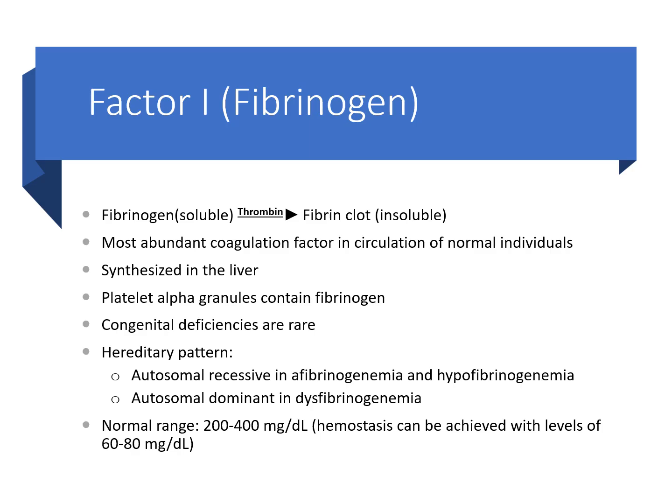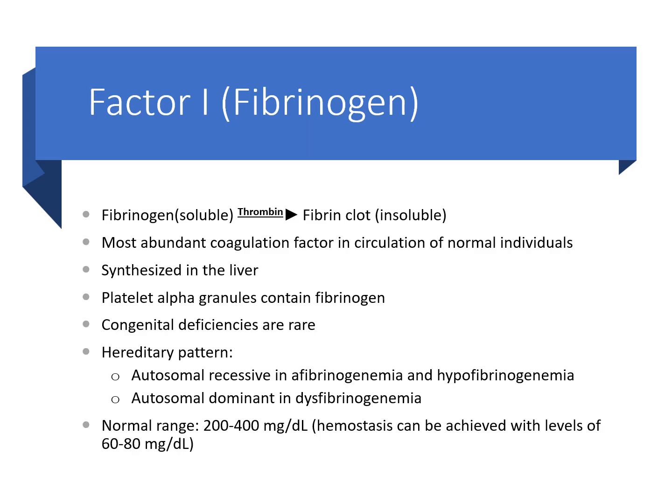There are congenital deficiencies, but they're relatively rare. And those that are inherited are usually autosomal recessive in afibrinogenemia or hypofibrinogenemia, and then autosomal dominant in dysfibrinogenemia. Now, we're going to talk about those in just a minute so we can break them down further.